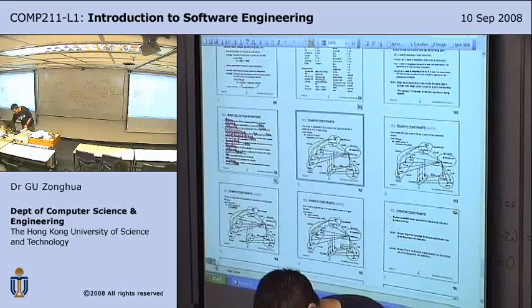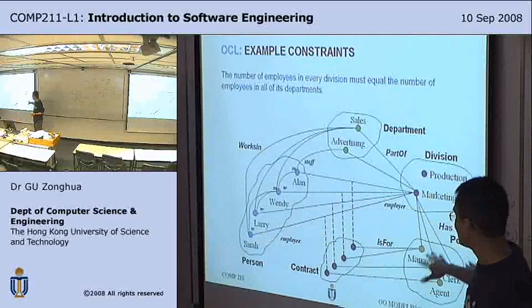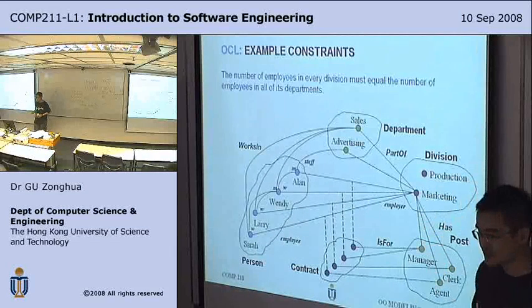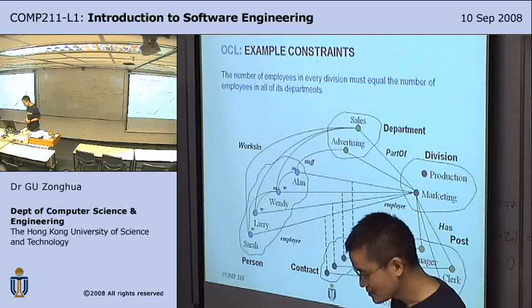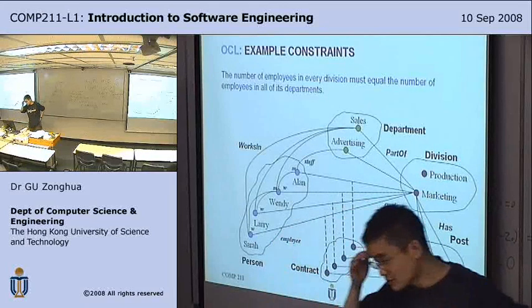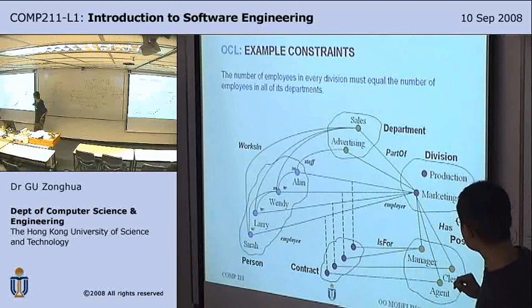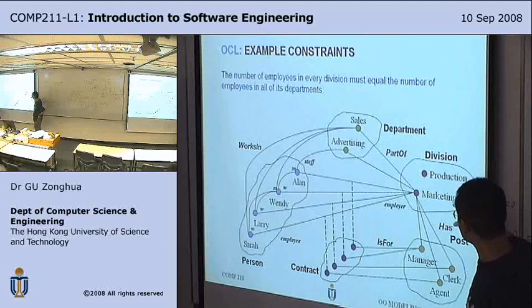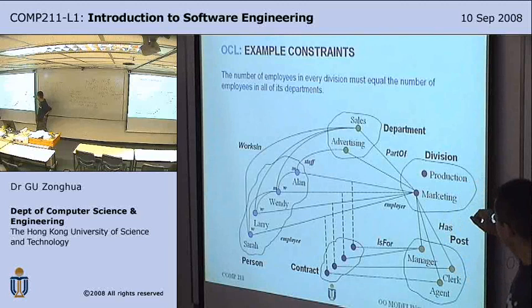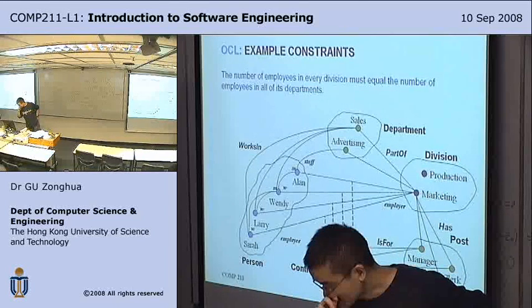Now this is the object diagram. This is not UML, just an informal drawing. The person class has 4 objects, and the division class has 2 objects: marketing and production.